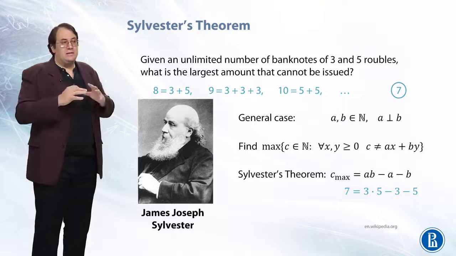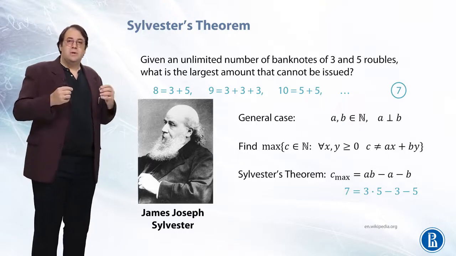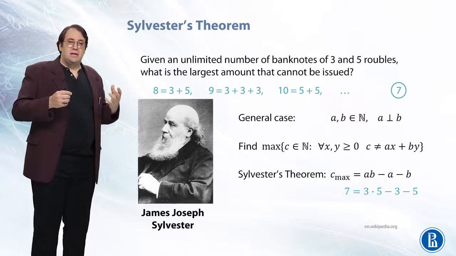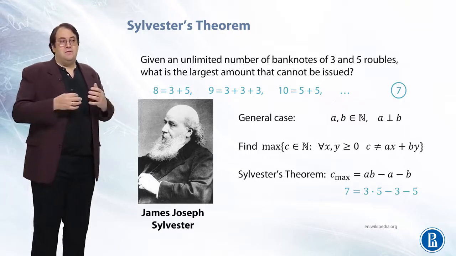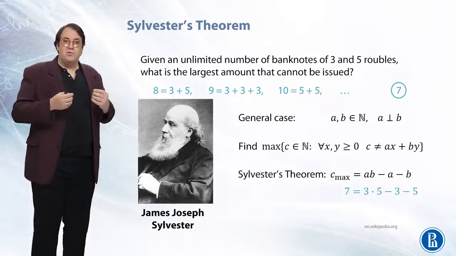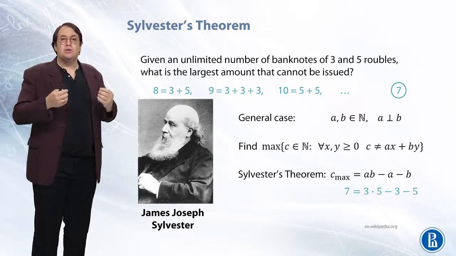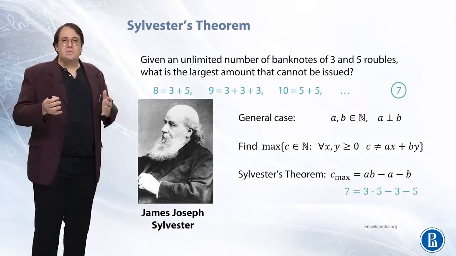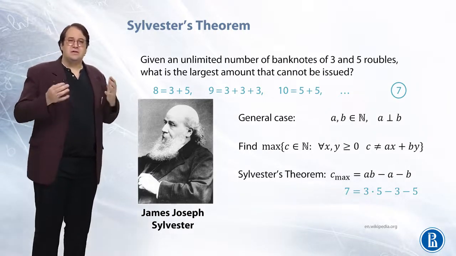It is just an analogous problem for 3 variables, and it still does not have a formula for the greatest non-represented integer. But now let's prove Sylvester's theorem.